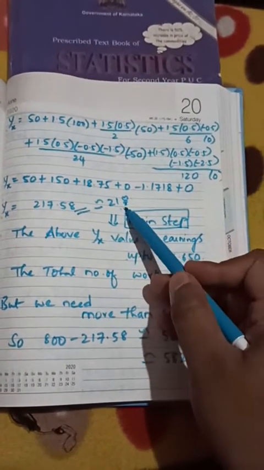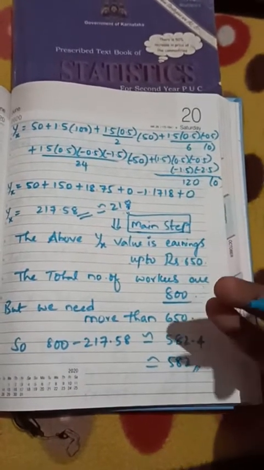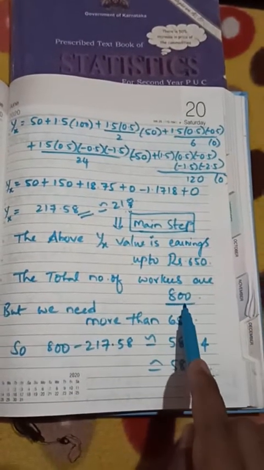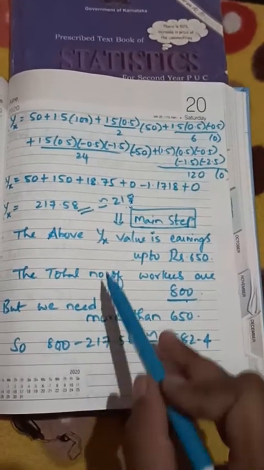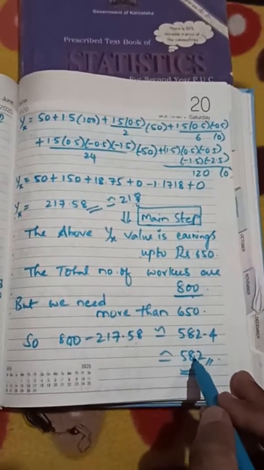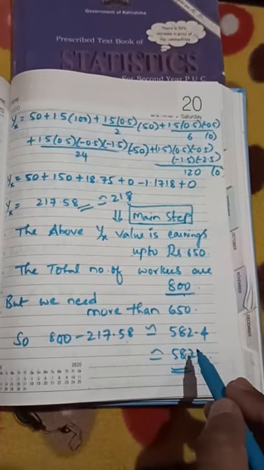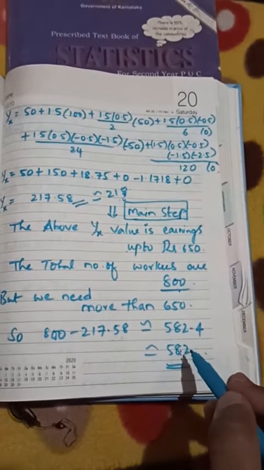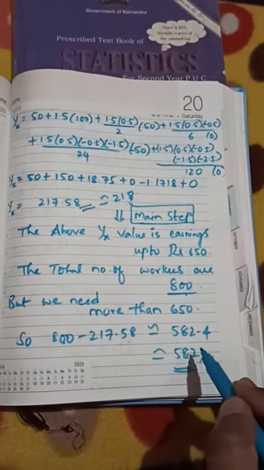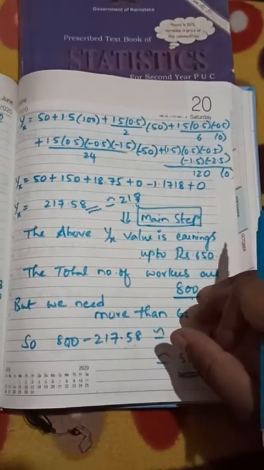So 218 persons are getting less than 650 wages, but we require more than 650 wages. So obviously the total number of workers is 800. From the 800, remove those 218, you will be getting 582. So out of 800, the number of persons who are getting wages more than rupees 650 per week are 582 persons. So this is a different kind of model.